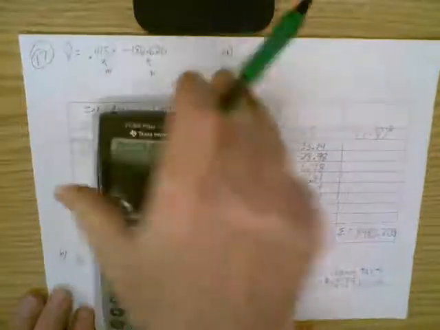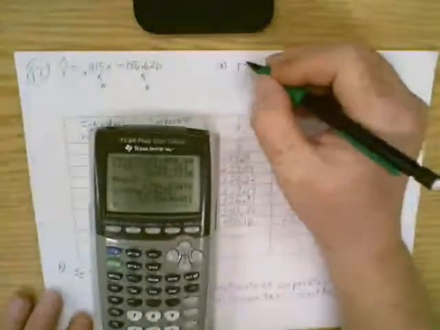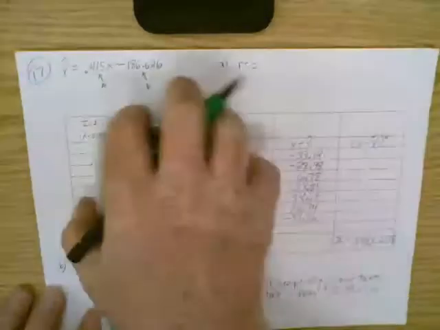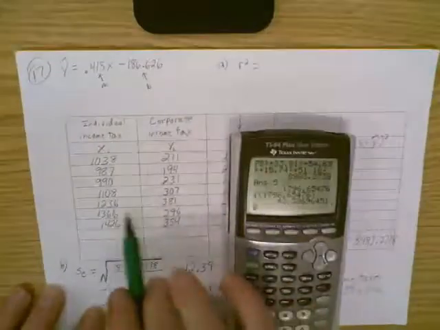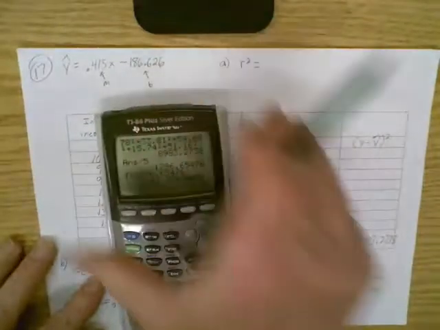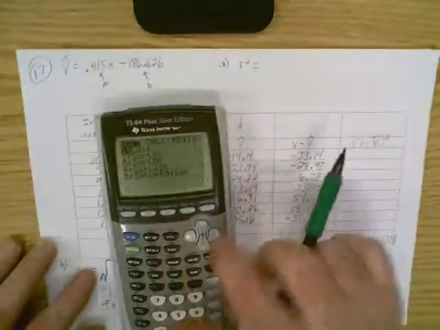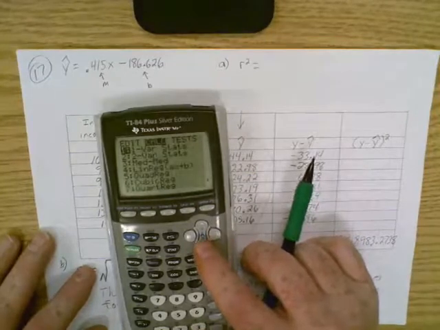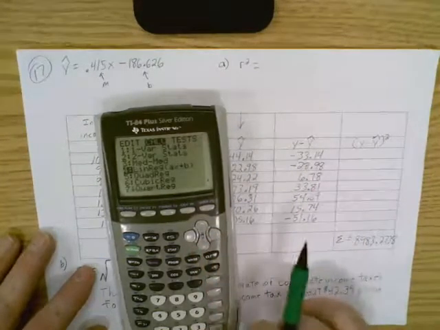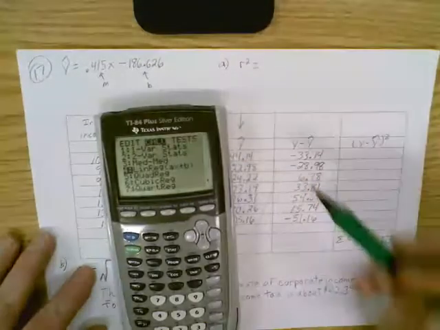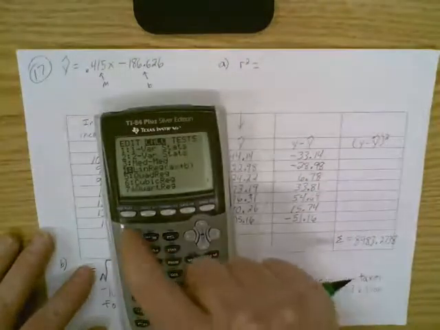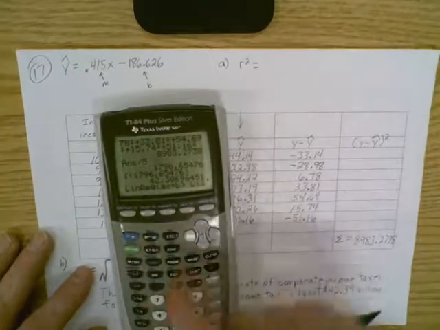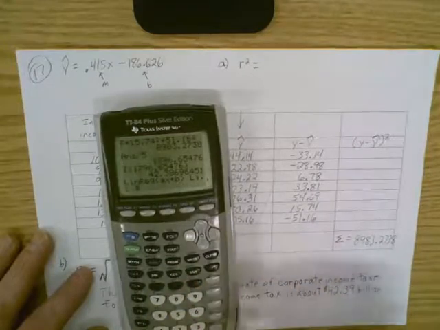Part A, they wanted you to find R squared, the coefficient of determination. Again, I didn't say it at the beginning, but I put in all these numbers in lists on my calculator. So all I'm going to do is go to stat, calculate, and go down to linear regression. I put it in the third list, comma, the fourth list.